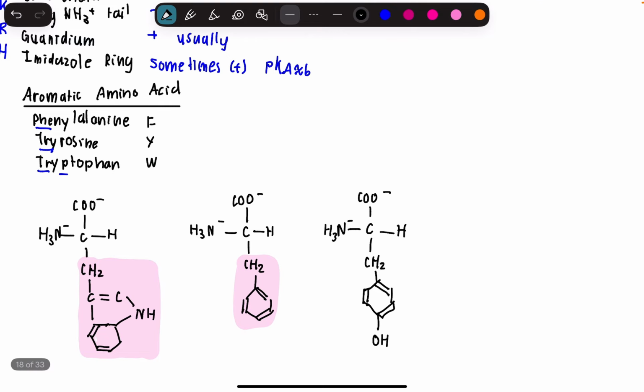This entire piece here is what you have to be able to identify.